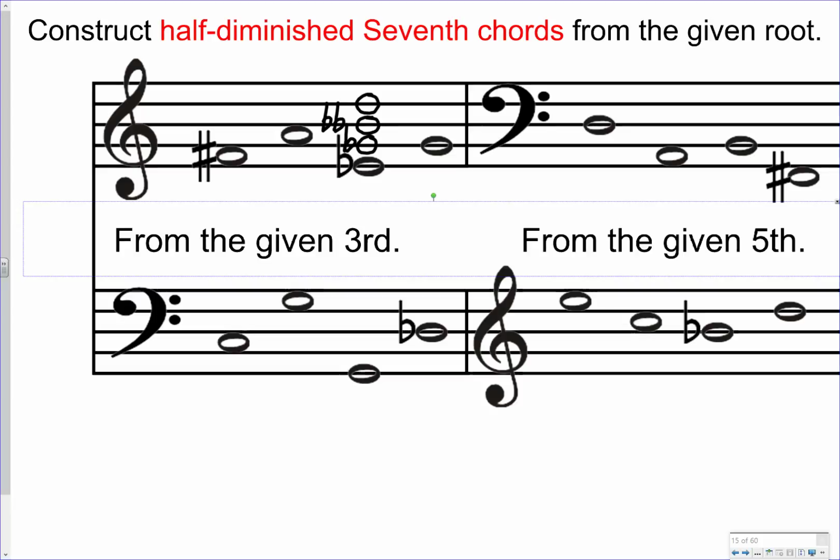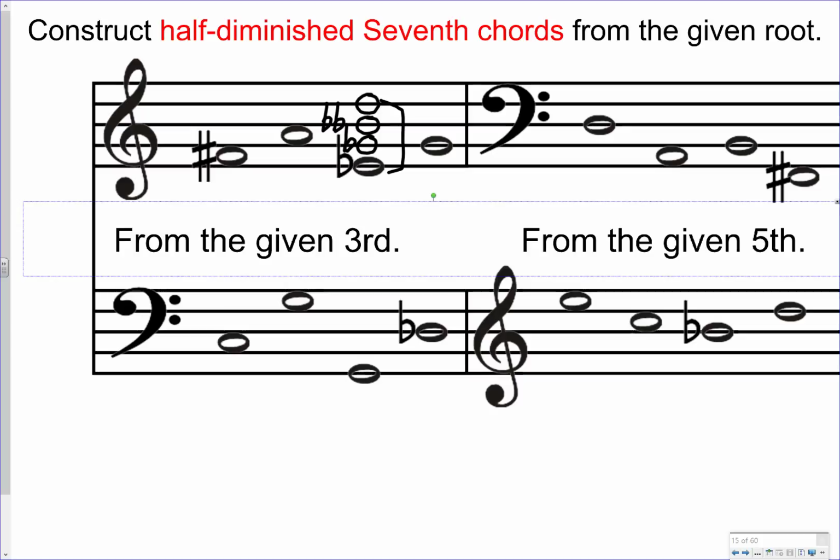If I left it as just a B flat, then I'm dealing with a minor triad. But remember, half-diminished 7th chords have a diminished triad. Finally, I'm going to need that minor 7th interval from the root up to the 7th. Right now, it looks as if E flat to D is a major 7th.